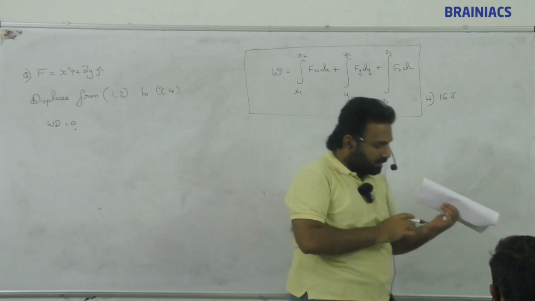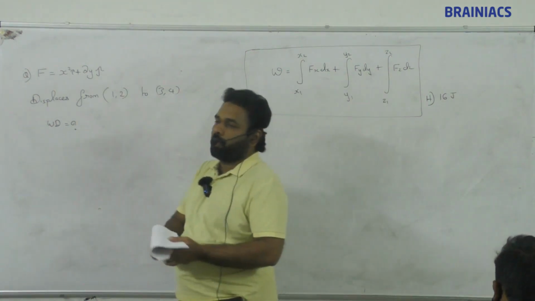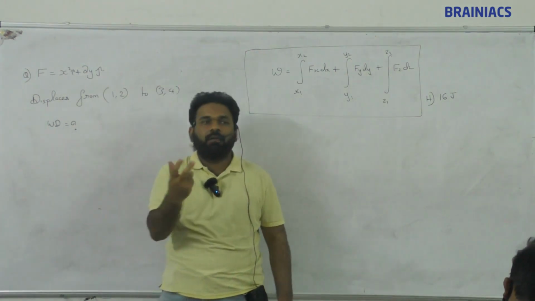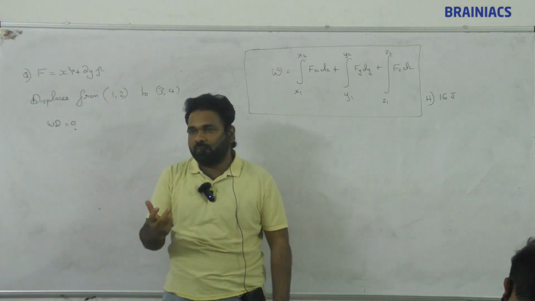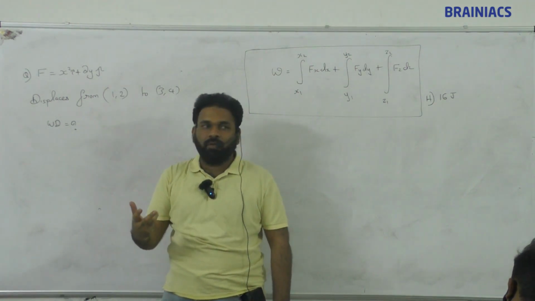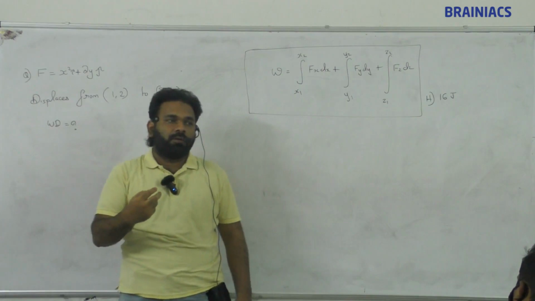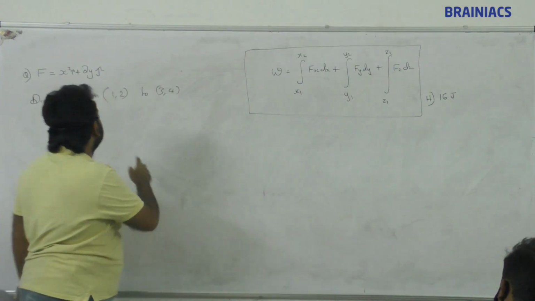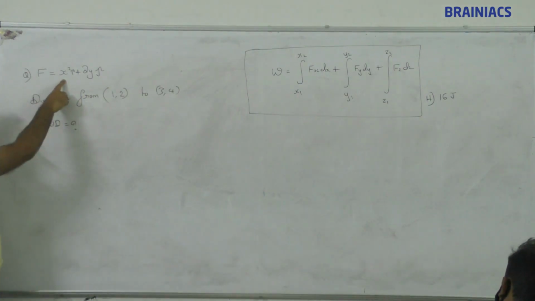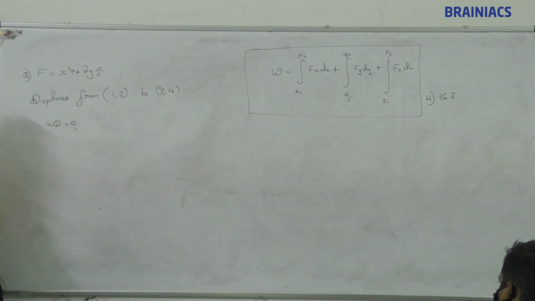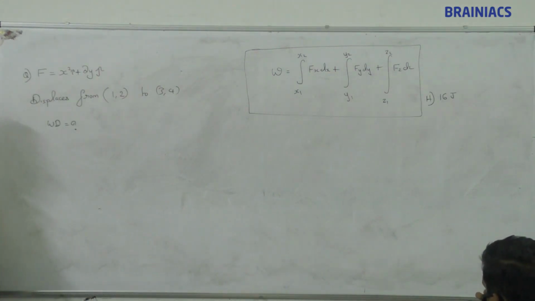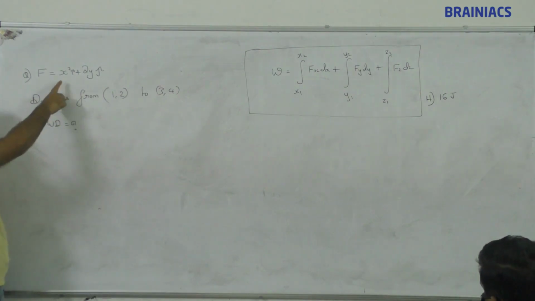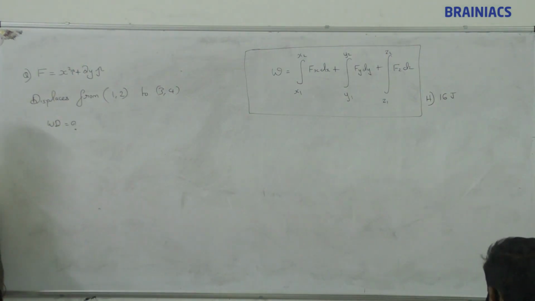The concept of this is that the force is variable. So force is variable, so immediately we cannot do it. Okay, with respect to distance, what is this? When x is equal to 1, the x component of force is 1. When x is equal to 2, it will be 4. X is equal to 3, it is 9.